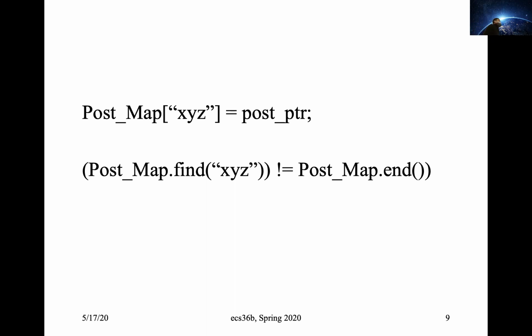But you need to know whether, number one, maybe there's no such element available in there. So when you do find, you will reach the end. That's why you use PostMap dot end. This gives you the signal that you have reached the end of the whole map, and therefore you know you have exhaustively retrieved every single one from your map.